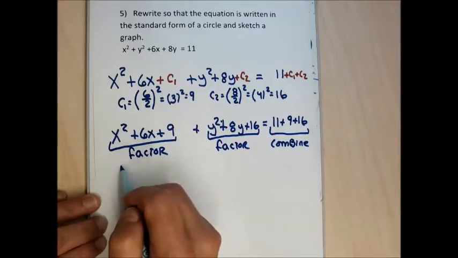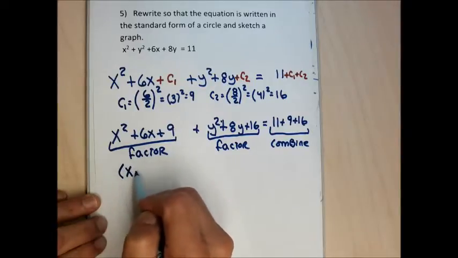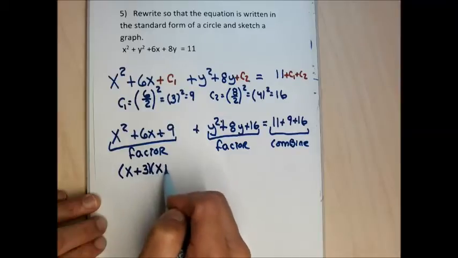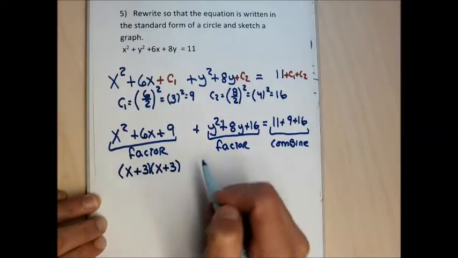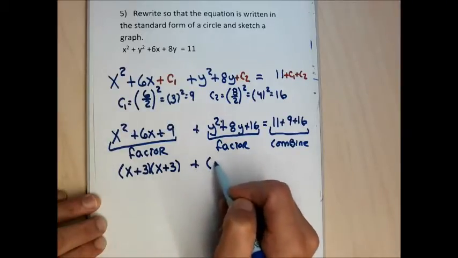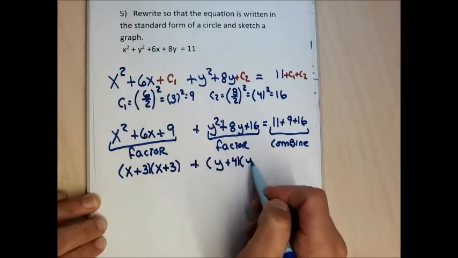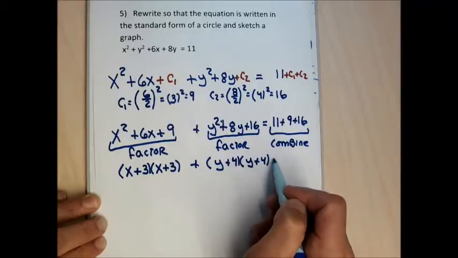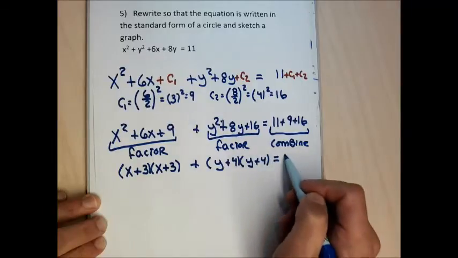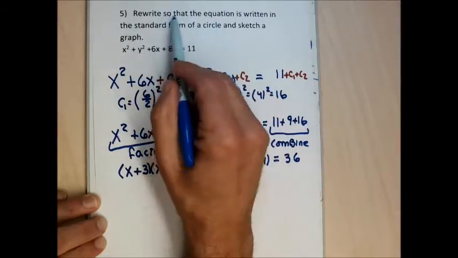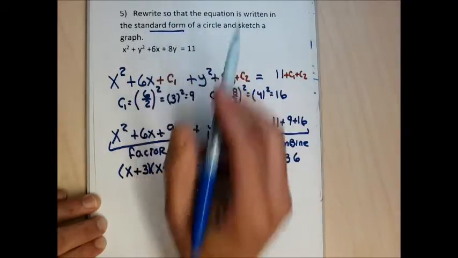So on the left-hand side here, this x squared plus 6x plus 9 factors into x plus 3 times x plus 3. The y squared plus 8y plus 16 factors into y plus 4 times y plus 4. The right-hand side, if I add up the numbers, I get 36. Part of the instructions said rewrite the equation so it's written in standard form.